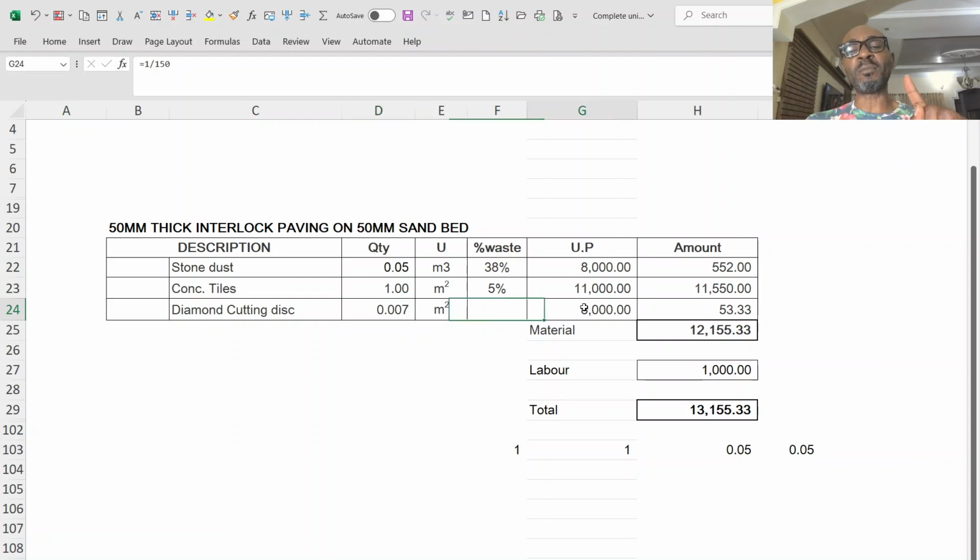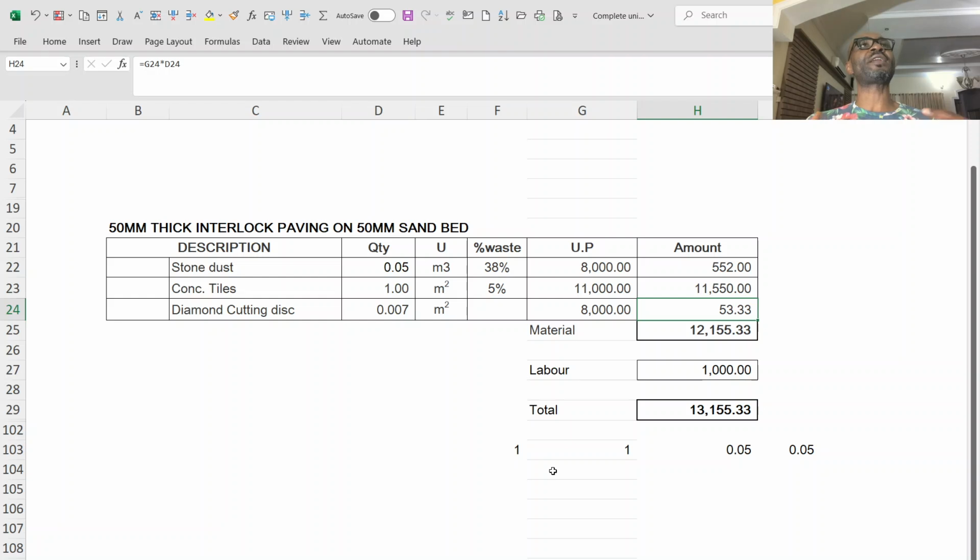Then I now multiply it by 8,000, which is the cost for one diamond disc. Then it gives me 53 naira 33 kobo per square meter. So for every square meter, I am having 53 naira 33 kobo for a diamond disc.